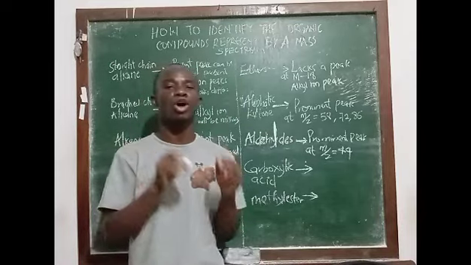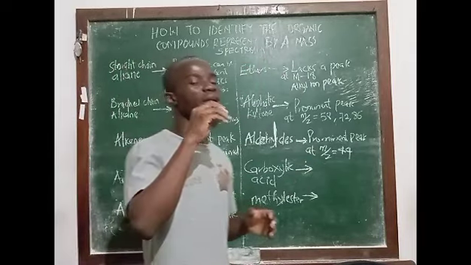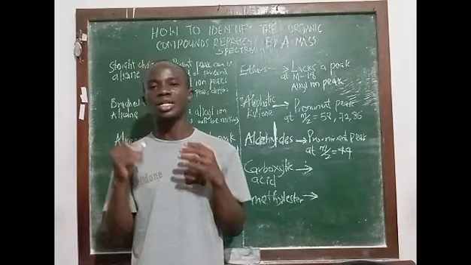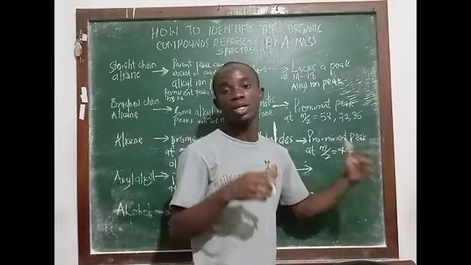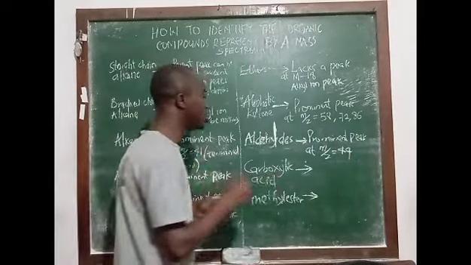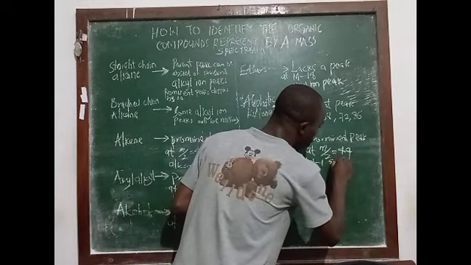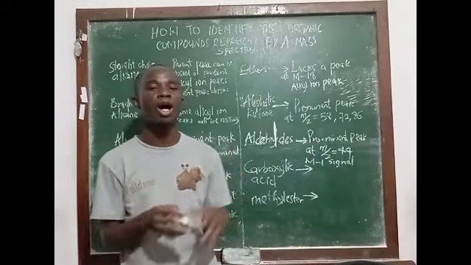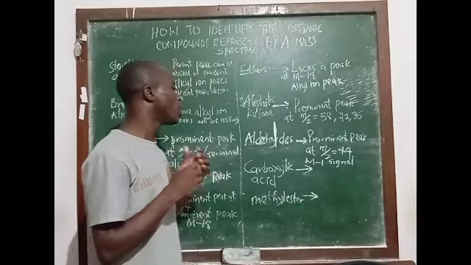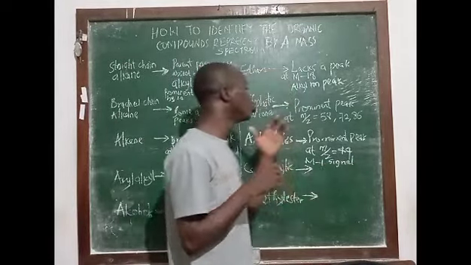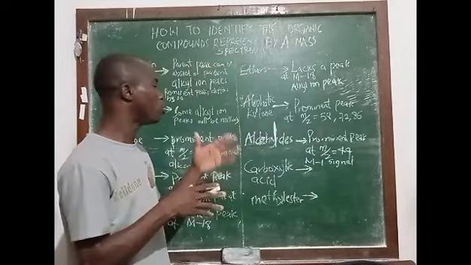For aldehyde, there is also a diagnostic signal that can help us to identify a mass spectrum that represents an aldehyde compound. Apart from this peak due to McLafferty rearrangement, there is the M-1 signal or peak. So we call this peak a diagnostic peak for aldehyde mass spectrum. So you can always look out for this particular peak to know if a mass spectrum represents an aldehyde or not.